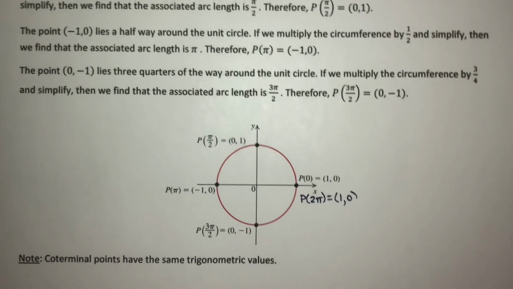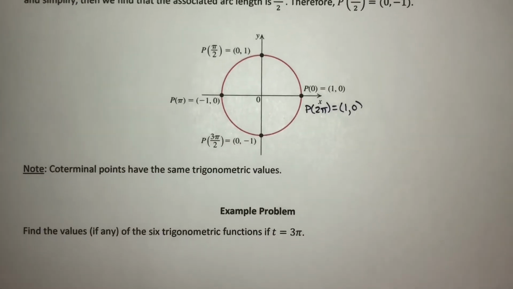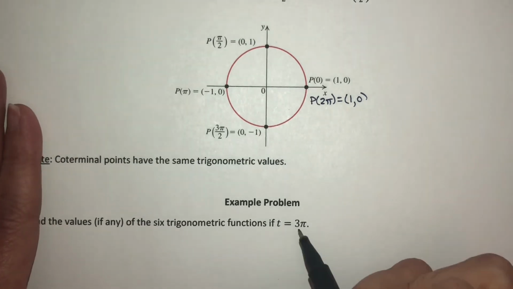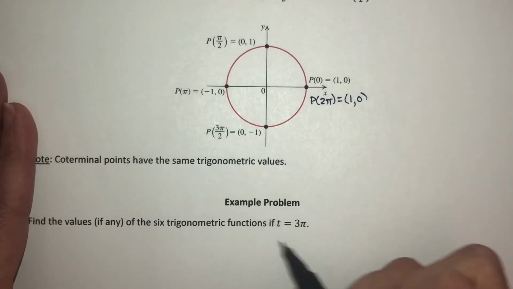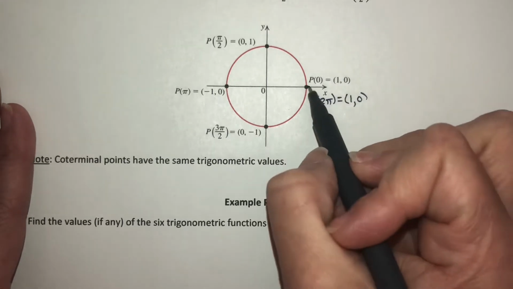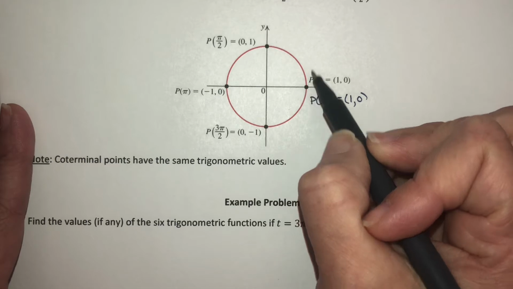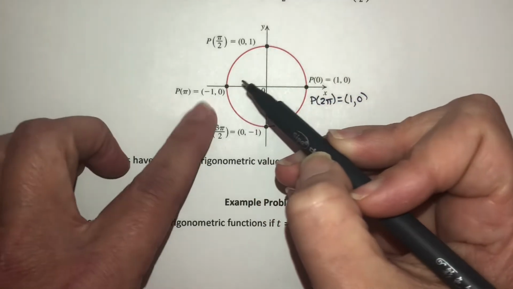So let's talk about finding the values, if any of them, of the six trigonometric functions if t is 3 pi. First of all, we need to figure out what point is associated with 3 pi. From here to here is 1 pi, 2 pi, 3 pi.